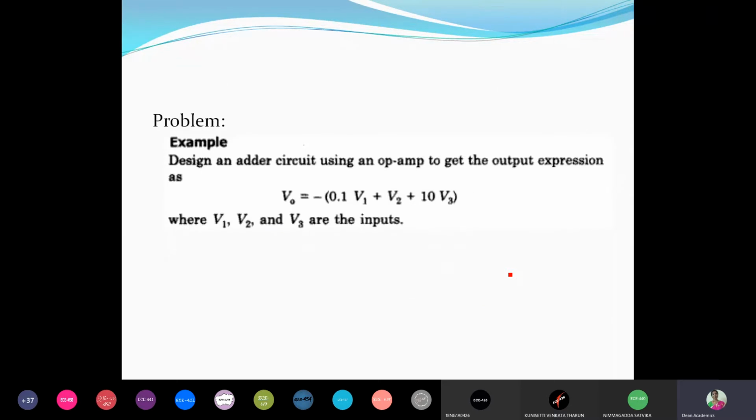Let me give you one small simple problem so that you can understand how we design an adder circuit or a simple inverting summing amplifier circuit.